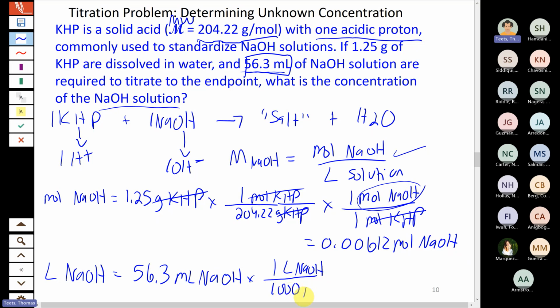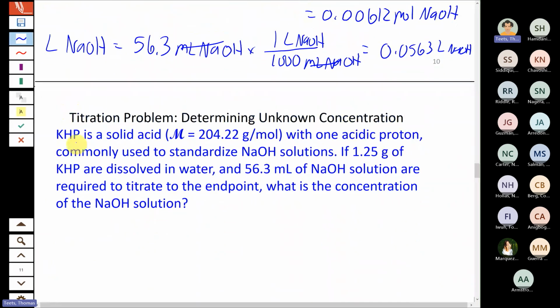So we just need to divide by 1,000 to get that into the right units. So 0.0563 liters. All right, so now we have the two numbers we need, and we just have to divide them to get molarity.